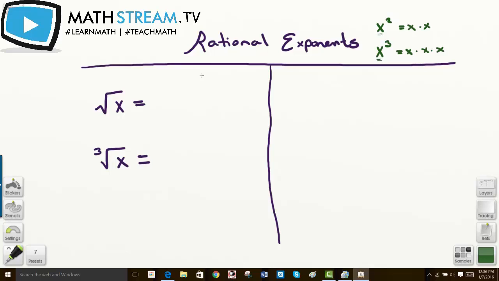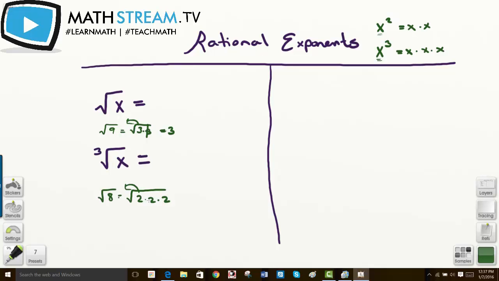Now, let's compare that to what we know about roots. If I take the square root of a number, like, for instance, the square root of 9, it means that I'm looking at the factors of that number, 3 times 3, and I'm keeping only half of them. I keep the one 3, but I get rid of the other. As opposed to if I'm taking the cube root, let's say the cube root of 8, it means I'm looking at the factors of that number and I'm only keeping 1/3 of them.